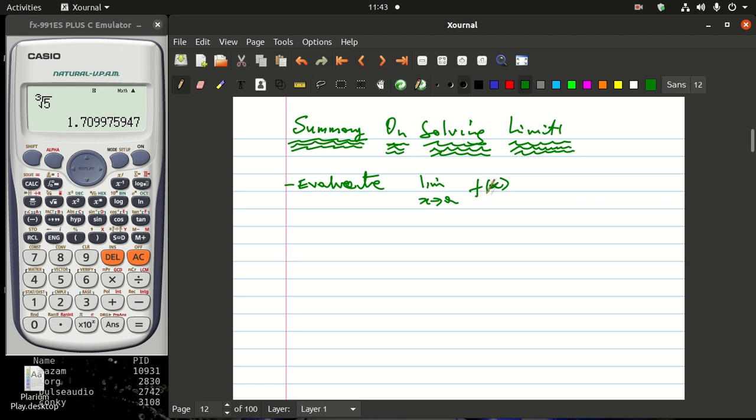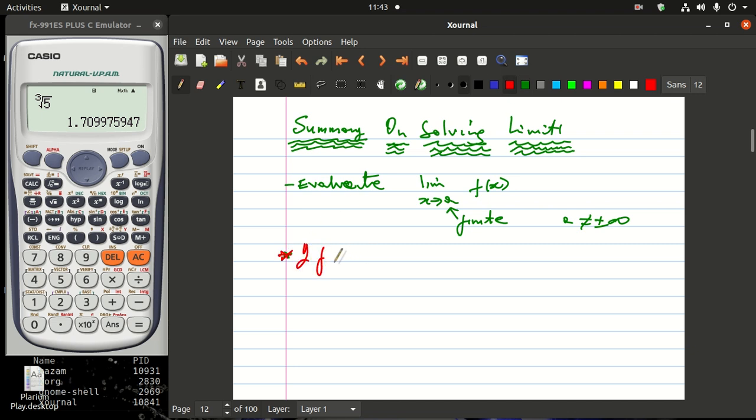Let me first emphasize this. This value a here, I want it to be finite, right? 5, 10, 15. I don't want a to be plus or minus infinity. So this is just a finite value. How do you solve limits of that particular nature? Let me just do this here. I'm going to place a red.